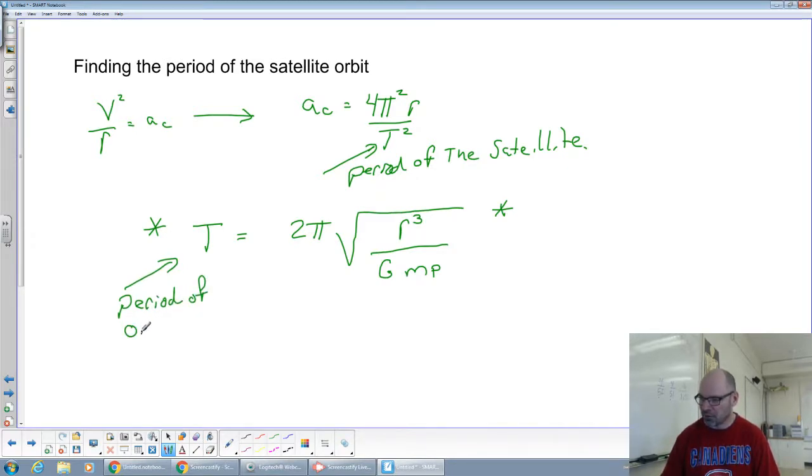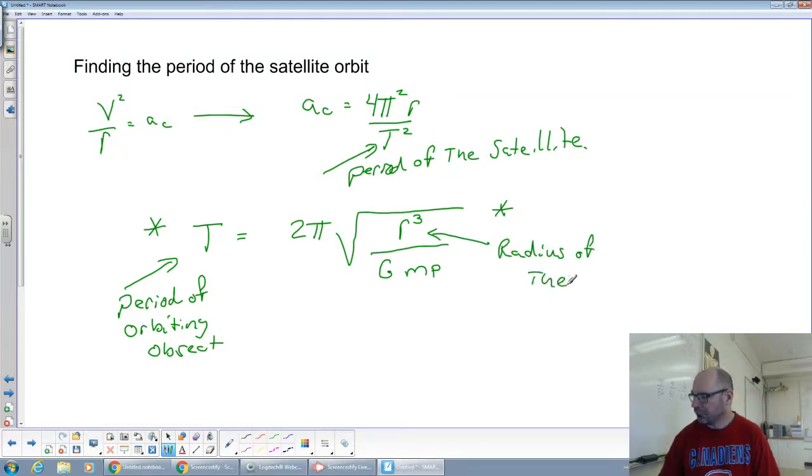Of the orbiting object, because it could be the moon too, right? This is the radius of the orbit. So don't worry about these two, but basically that one there is just some geometry. So this is the one we're going to be using.